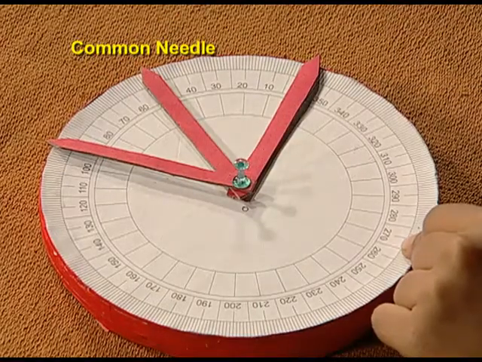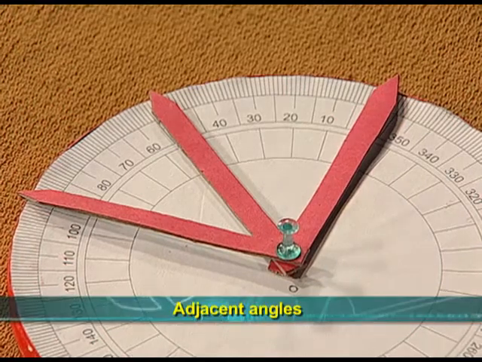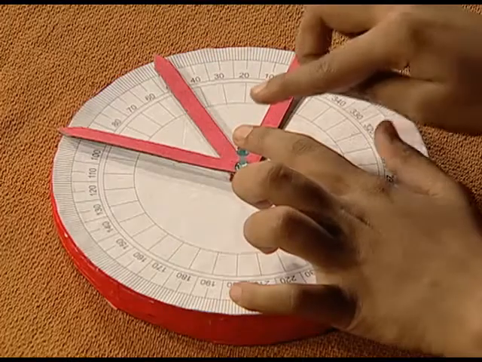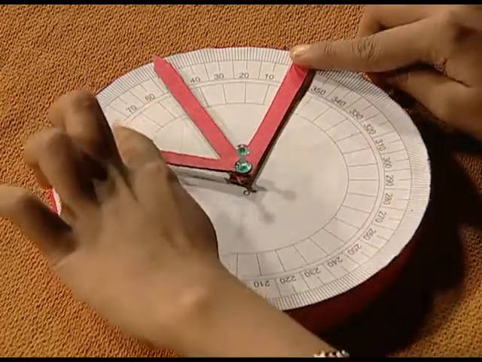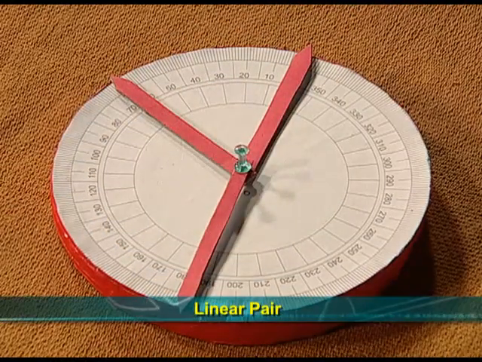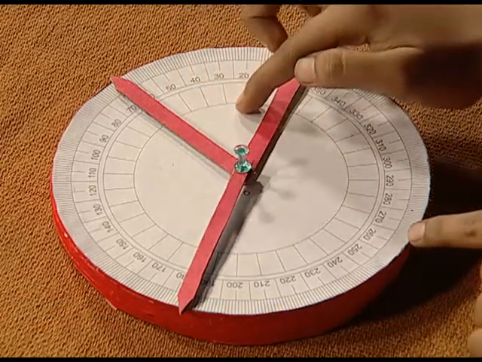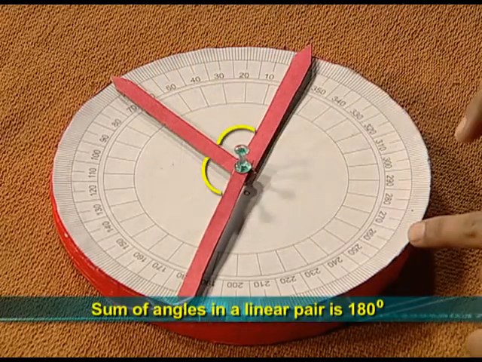Can you guess what kind of angles they are? Yes, angle 1 and angle 2 are forming adjacent angles. You may also observe that whenever these two non-common needles are exactly opposite to each other, then they form a linear pair, and the sum of these adjacent angles is 180 degrees.